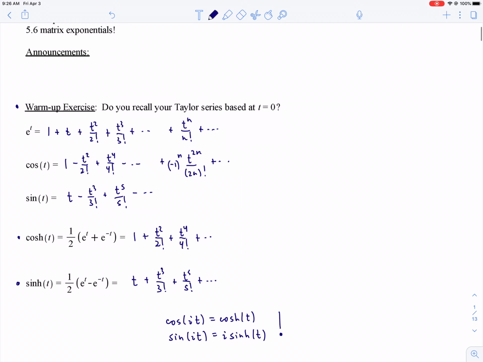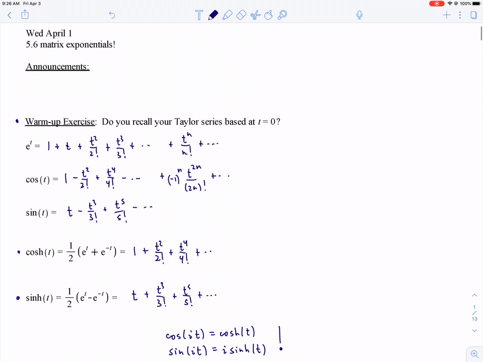All right, so we'll see in a second, but this warm-up exercise has to do with matrix exponentials. And so if A is a square matrix, we're talking about e to the A, or e to the tA, where that's a function of t.